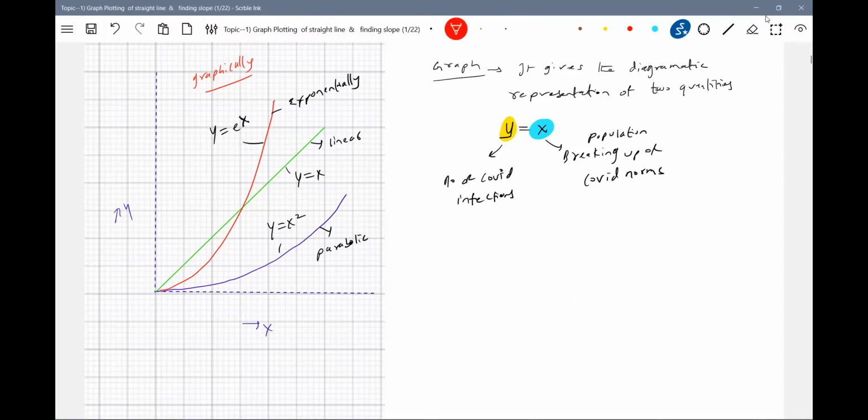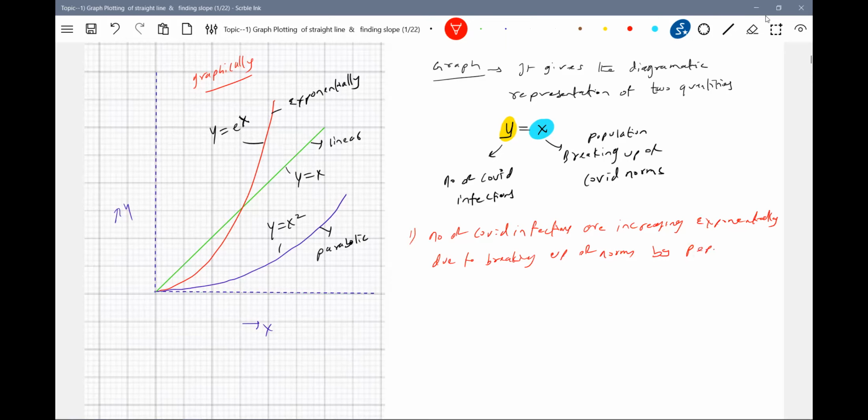How we interpret the first one, the red color: number of COVID infections are increasing exponentially due to breaking of norms by people.